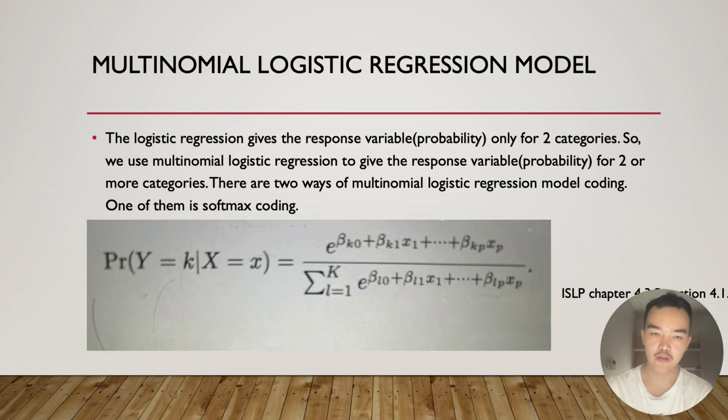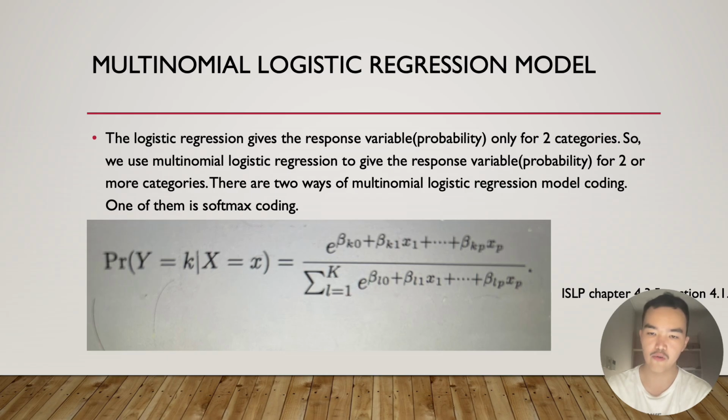And the last concept is the multinomial logistic regression model. The basic logistic regression model can deal only with two categories, two classes. In my previous example, when we wanted to identify whether a fruit is an apple or orange, there are only two categories.